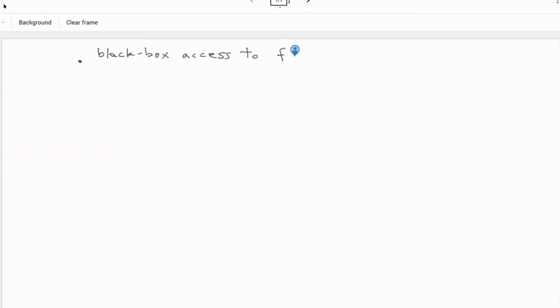It's a function from a single bit mapping to a single bit. And we discussed a lot what it means for us to get black box access. In the quantum case, black box access means we get to invoke the unitary U_f once.